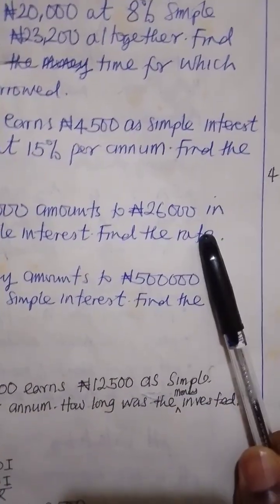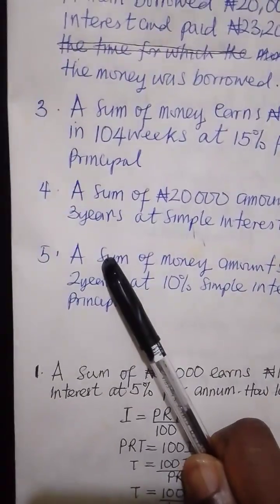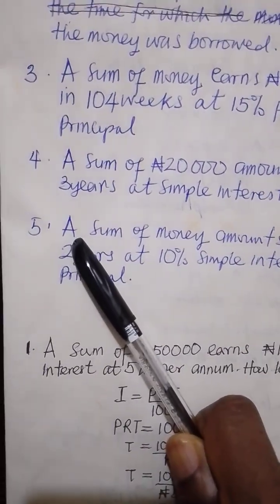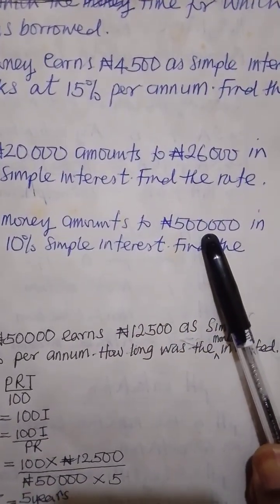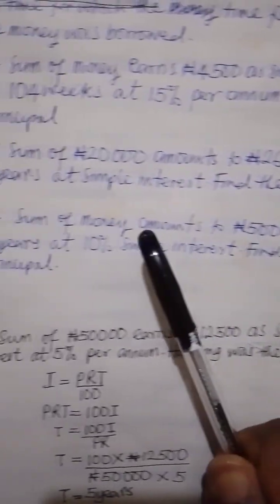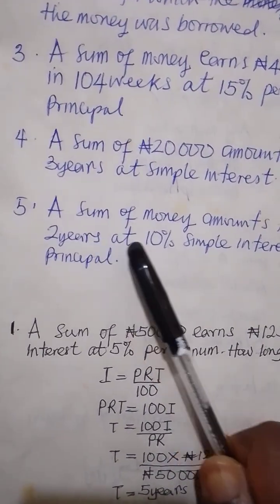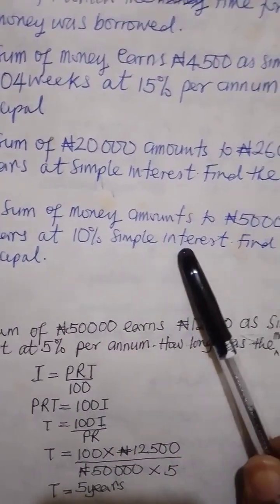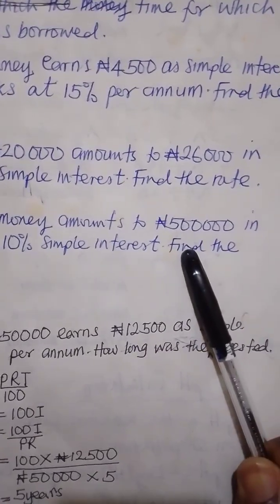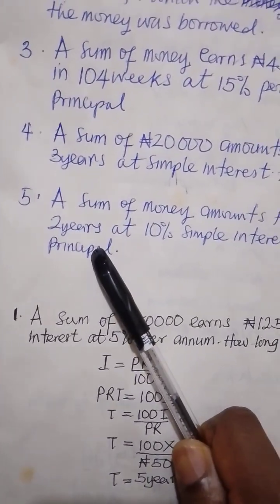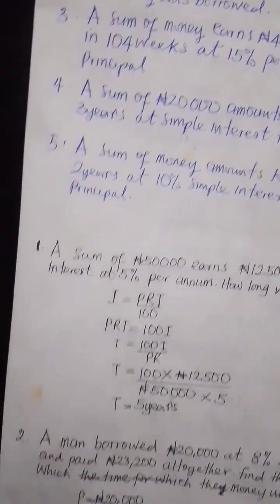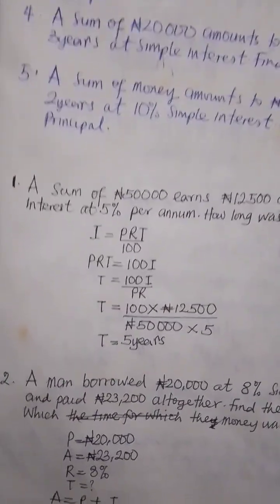Find the rate. And lastly, the sum of money amounts to 500,000 in 2 years at 10% simple interest. Find the principal. So let's take the questions one after the other.